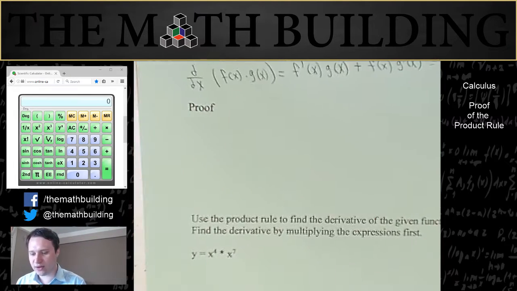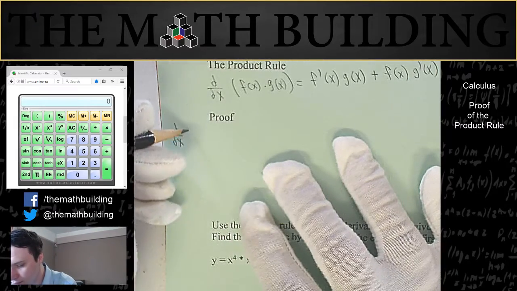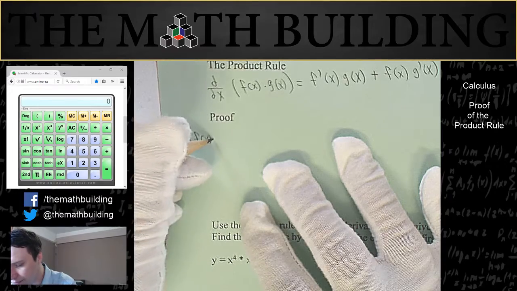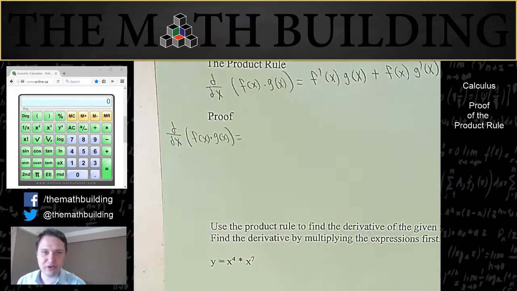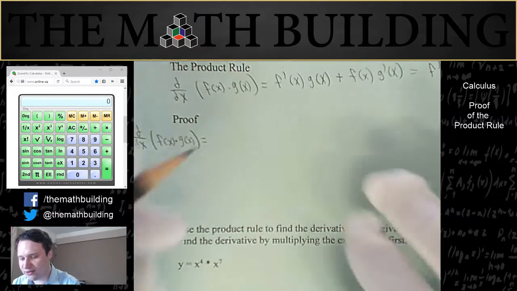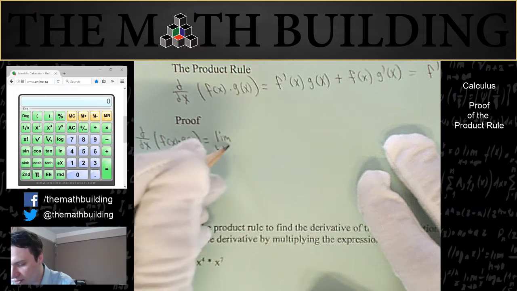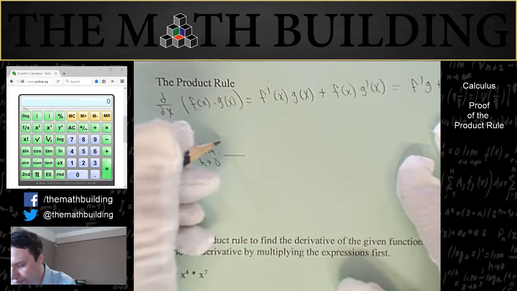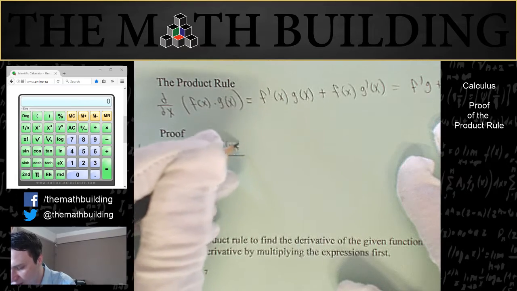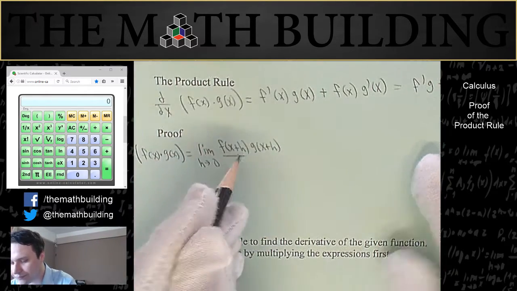So we want to say that the derivative of this is equal to, and as you know, we're doing a proof involving the derivative, so we're going to have to use the definition of the derivative. So we've got the limit as h goes to 0 of, up here I'll have f of x plus h times g of x plus h, right?